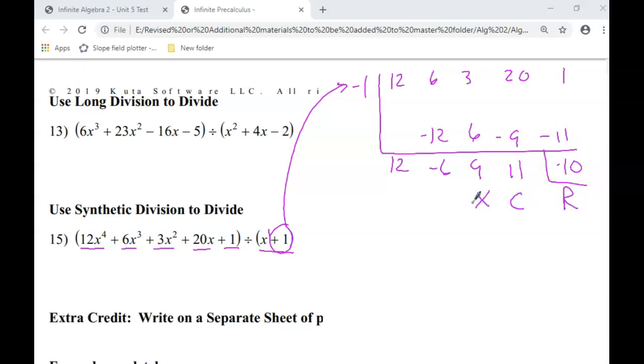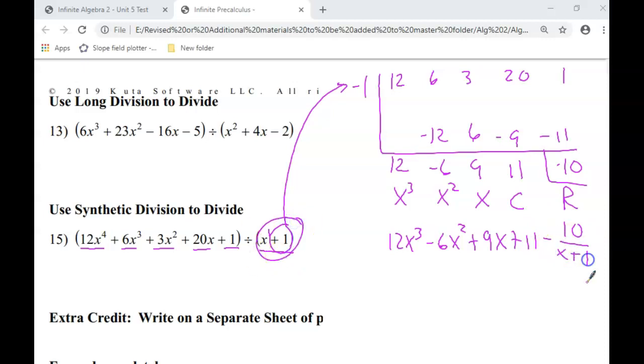Then it goes up by powers, x to the first, x to the second, x to the third, etc. So my final answer will be 12x cubed minus 6x squared plus 9x plus 11 minus 10 over my divisor, which was x plus 1. And there it is.